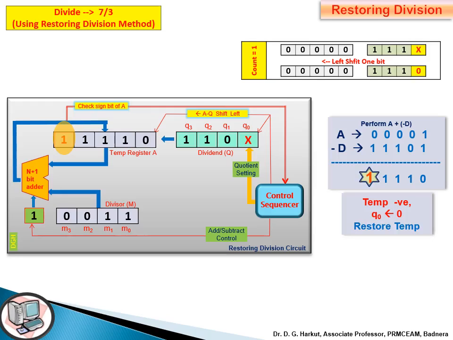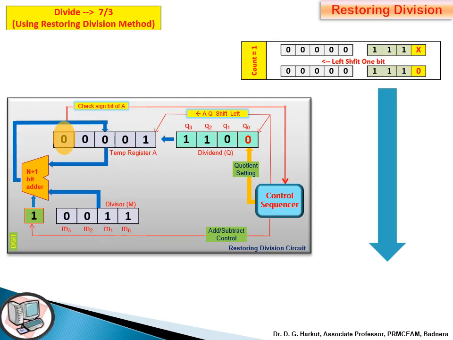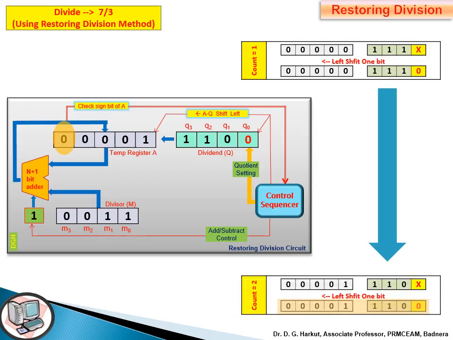Since sign bit is 1, it indicates temp value is negative. Control sequence generator sets Q0 bit to 0, and we need to restore back the content of register A. Hence, at the end of second iteration, the bit position in register A and Q is like this.